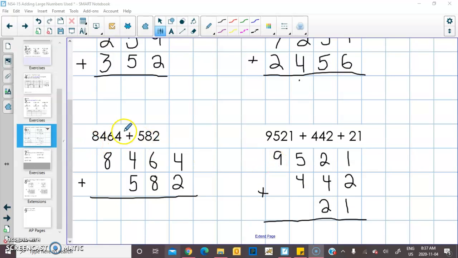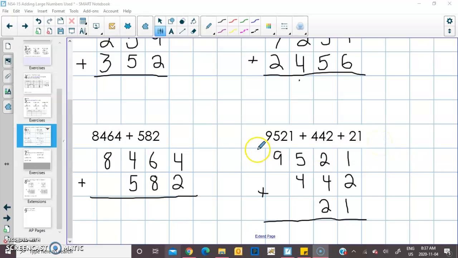Now, you might be asking, what do you do with 1,000 and 100? Okay, so you write 8,464. Then you continue to line up. So you start at the hundreds place value and you do 582. So now your ones line up, your tens line up, and your hundreds line up, and your thousands would line up, okay?